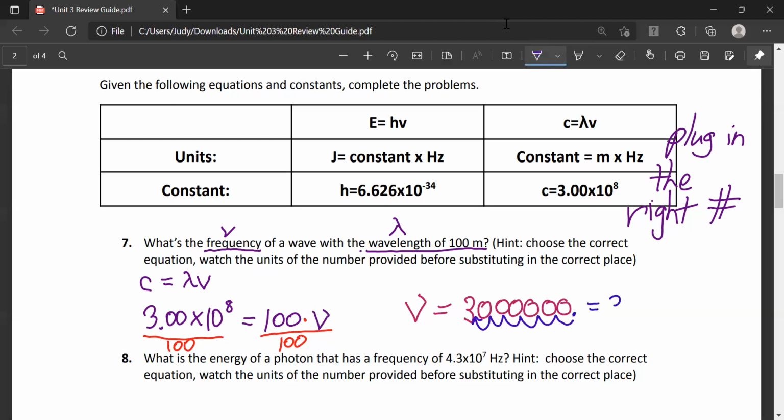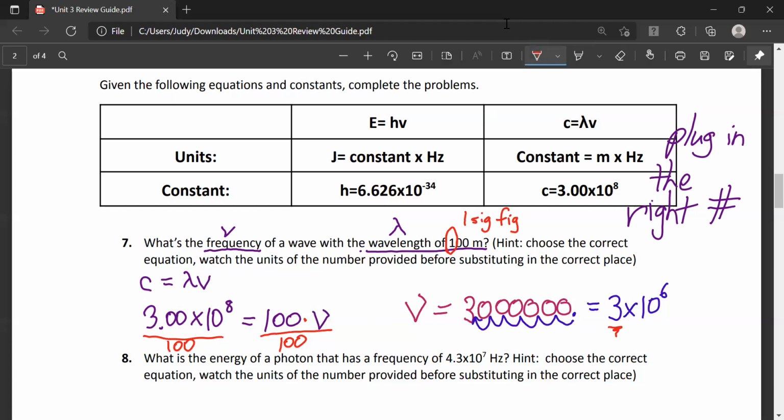So our answer will come out to be 3 times 10 to the 6th power. We always have to make sure about the sig figs, so that's why I used this 1 right here. Since we have no decimal, this is 1 sig fig. So our answer is 1 sig fig.